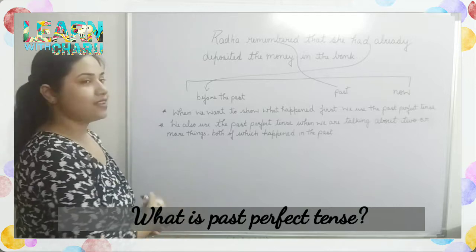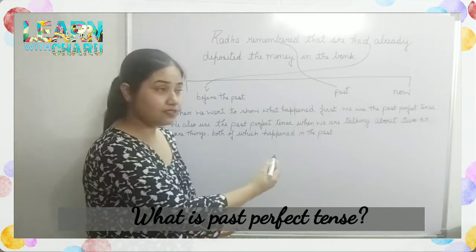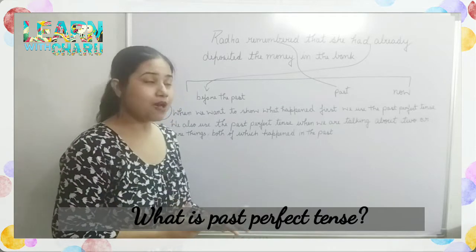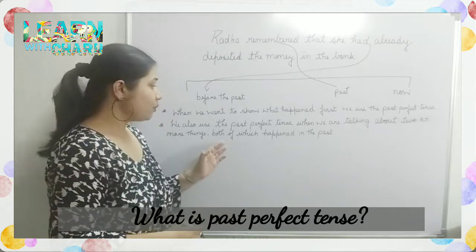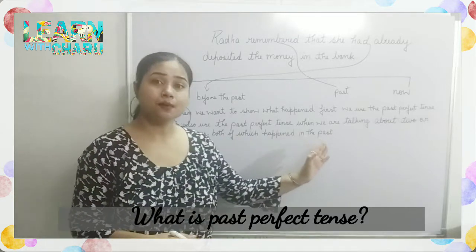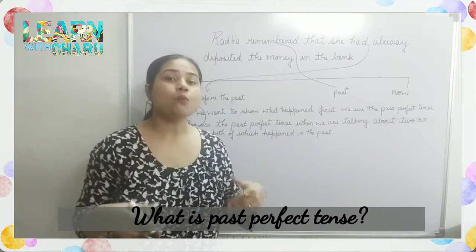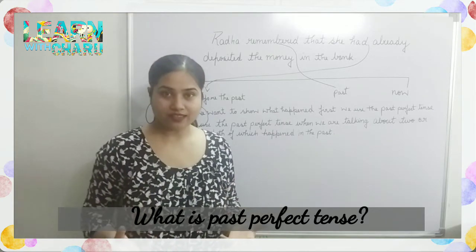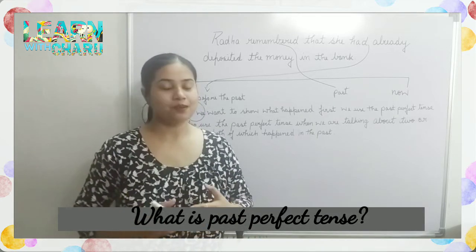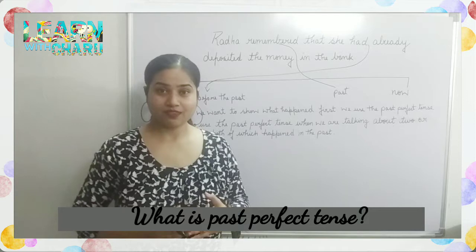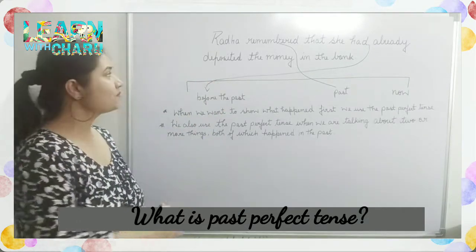Next, we also use the past perfect tense when we are talking about two or more things or events, both of which happened in the past, right?